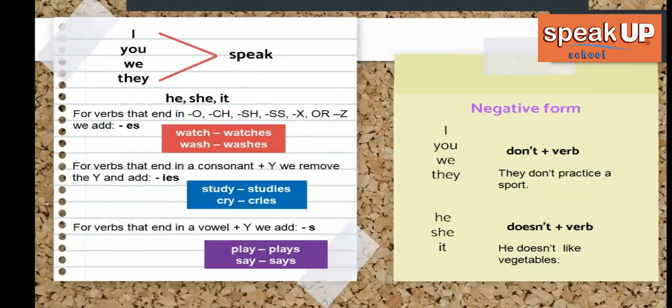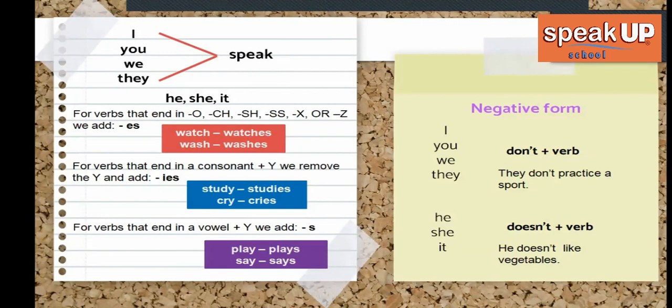But when we have the third person singular, that is he, she, and it, we add an S sound at the end. For example, he speaks, she watches, it plays, he eats, she drinks, okay?